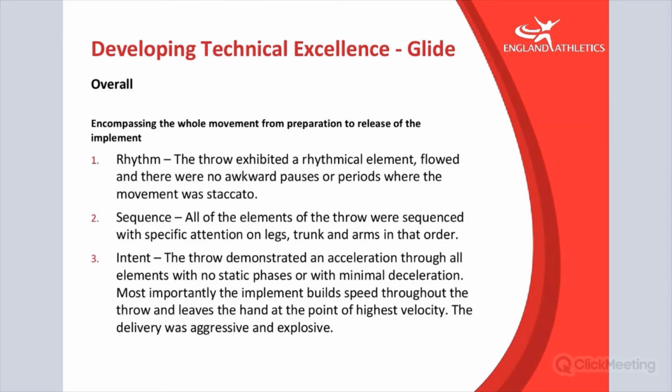Lastly, intent. The throw demonstrated an acceleration through all elements with no static phase or minimal deceleration. Most importantly, the implement builds speed throughout the throw and leaves the hand at the point of highest velocity. The delivery was aggressive and explosive.